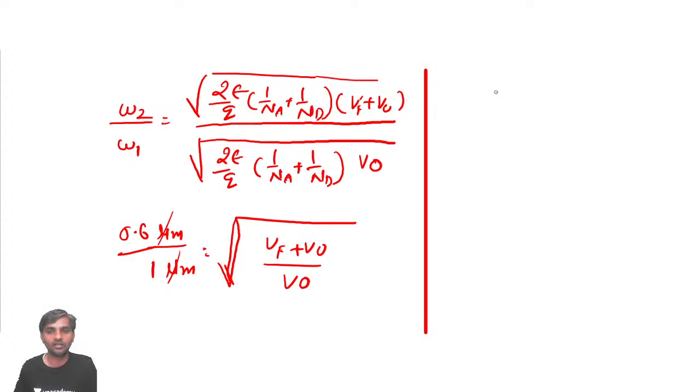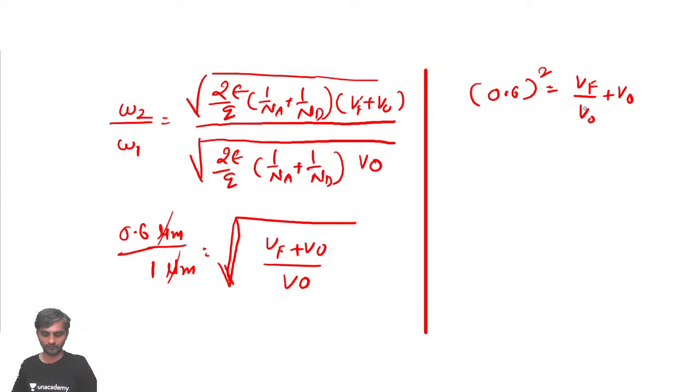So simply find out 0.6 whole square is equal to VF by V naught. Achha, this is not plus, right?